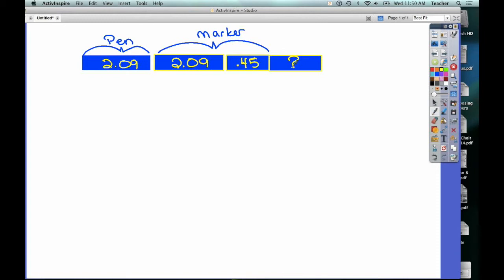How much money did he give him? $5. So when you're doing this tape diagram, every single one of those boxes has to add up to $5.